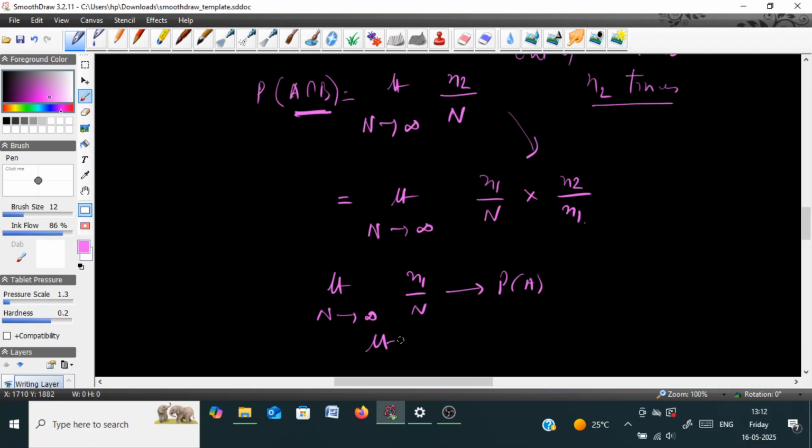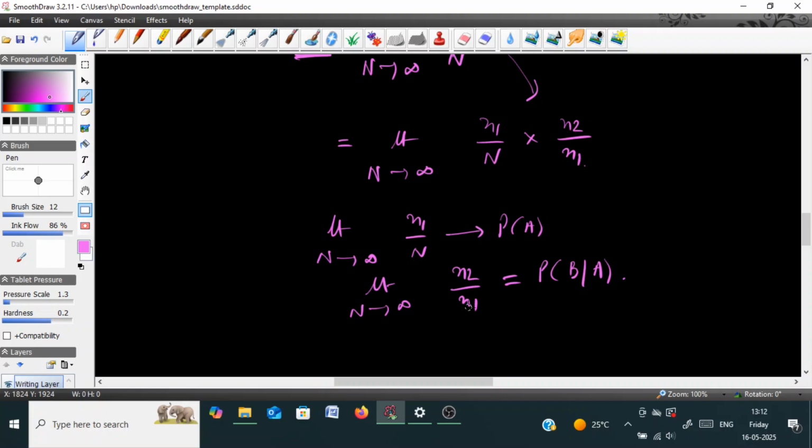And the limit of n2 by n1 gives you the probability of B given that event A has occurred, because event A occurs n1 times, and out of those n1 times event B occurs n2 times.